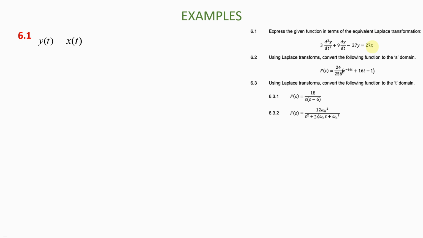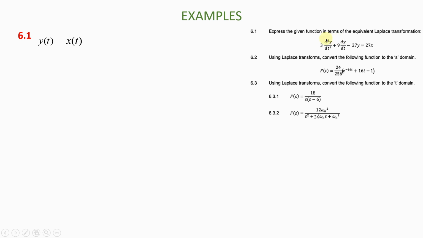Very important to understand that both y and x here are functions of time. And this question should have told you that. To be thorough, the person who wrote this question should have taken the time to also state that y and x are functions of time. Okay, they should have said that clearly.